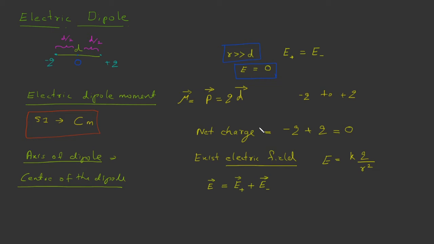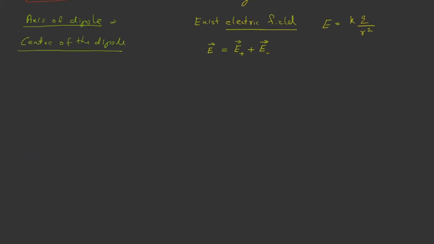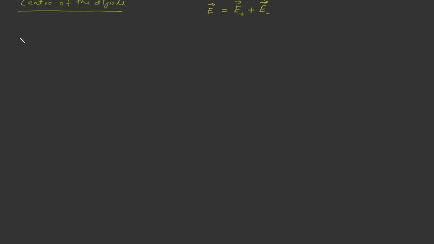We will study more about this electric field due to electric dipole in another section. Now we are going to do a numerical, which is question number 9 in the exercise.